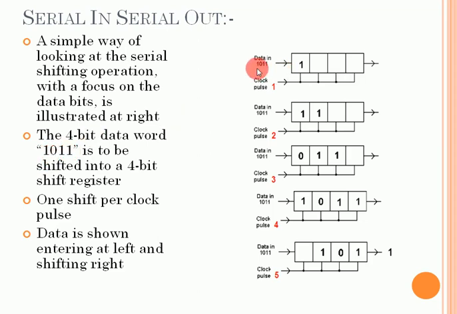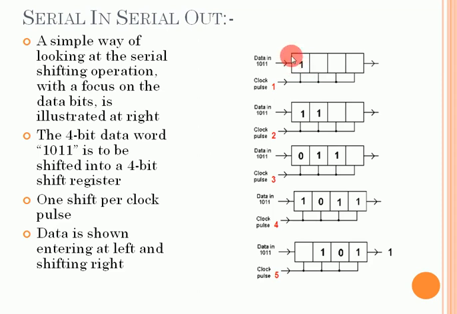Suppose we have to store this 1011 into the 4-bit register. First of all, when the first clock pulse is provided, here symbolized as clock pulse 1, the rightmost 1 will be shifted into the register.